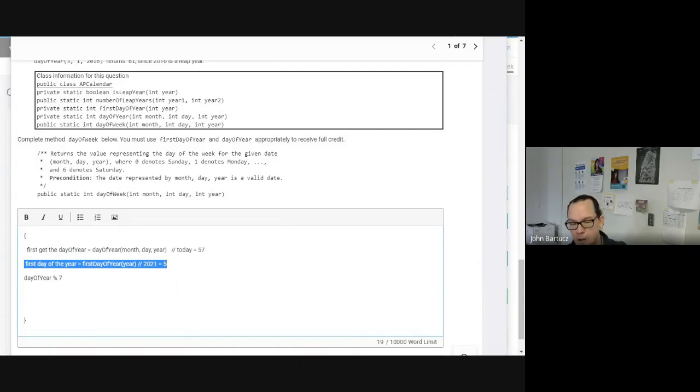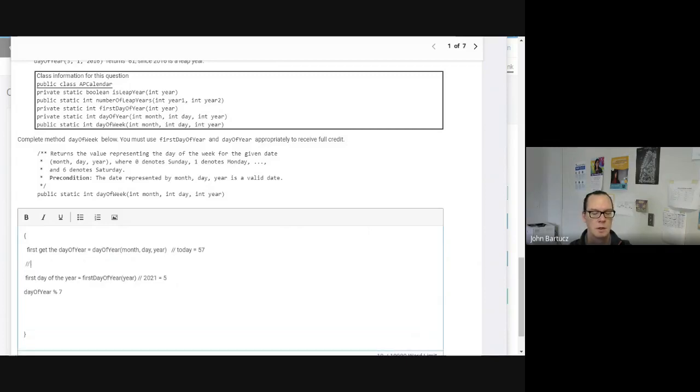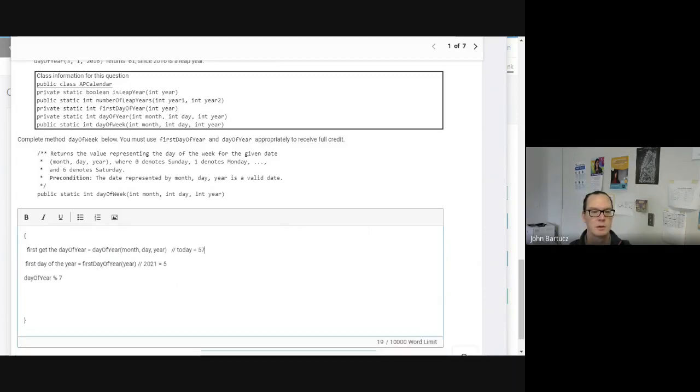So this is one of the tricky things about this question, the conversion between a calendar that starts at 1 and computer science and math, which starts at 0. So again, I'm going to write this down because it's important.